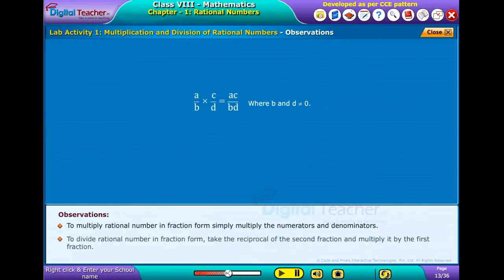To divide rational numbers in fraction form, take the reciprocal of the second fraction and multiply it by the first fraction, that is a/b divided by c/d, we get a/b × d/c, which is equal to ad/bc, where b, c and d are not equal to 0.